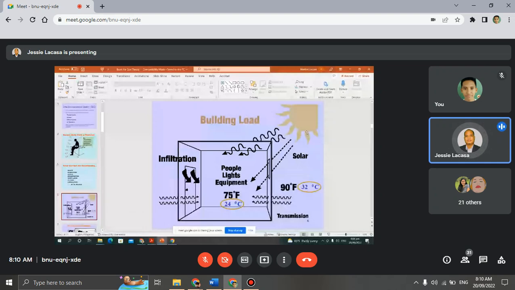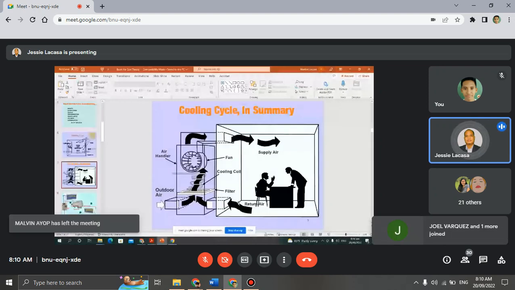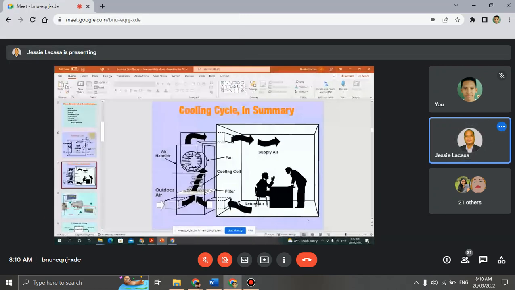So the purpose of having a return air is for economic reason. Siyempre kaning return air, gikan na ni siya sa room. So siyempre ang room is gipabugnaw na. Return air mixed na siya sa outdoor air. So siyempre ang outdoor air mas init ni siya o mas taas ang temperature compared to the return air.